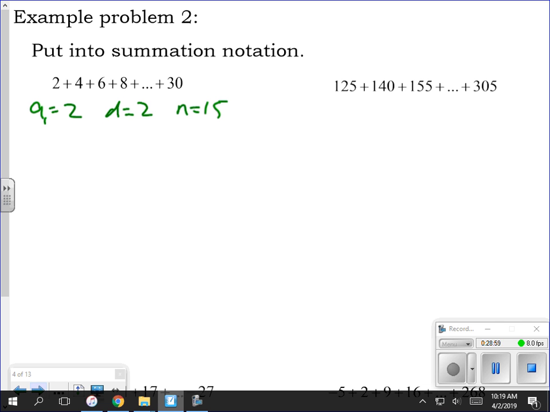So those are my 3 things I need to use my summation formula. And n appears in here twice. So my formula is the sum of the first terms from n equals 1 to 15. So it's the first 15 terms. That's a sigma.